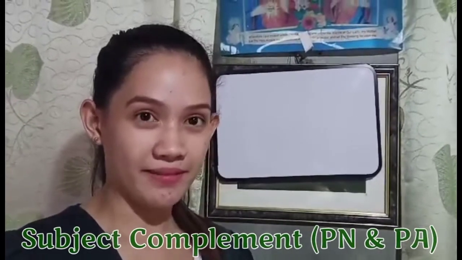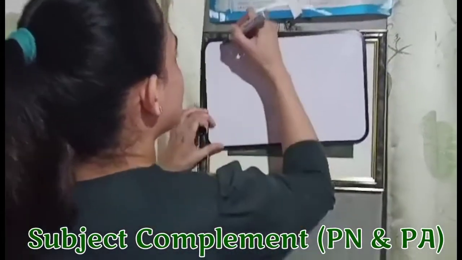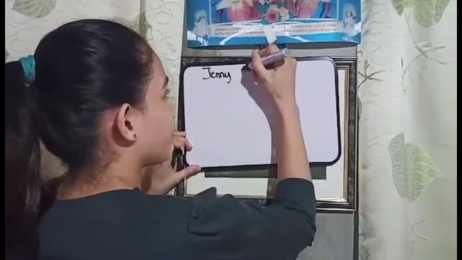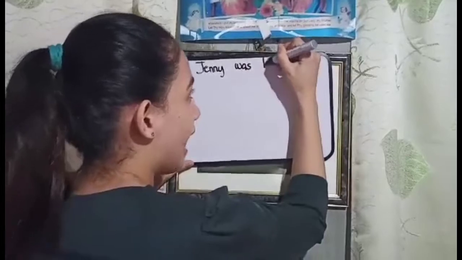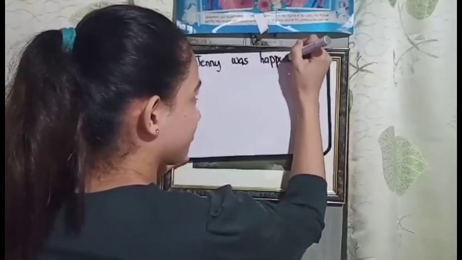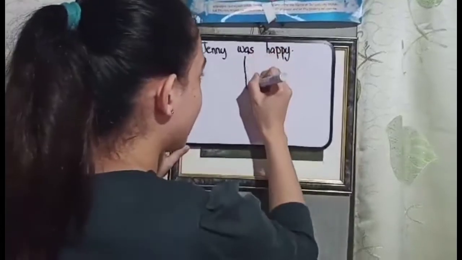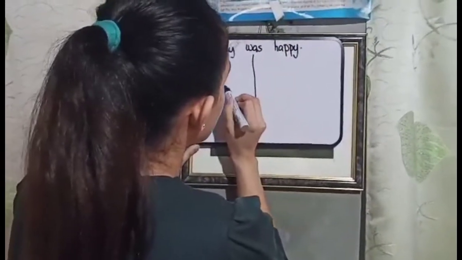The fourth sentence that we will diagram is composed of an element that has a subject complement. For example, Jenny was happy. Again, let's draw a vertical and a horizontal line.